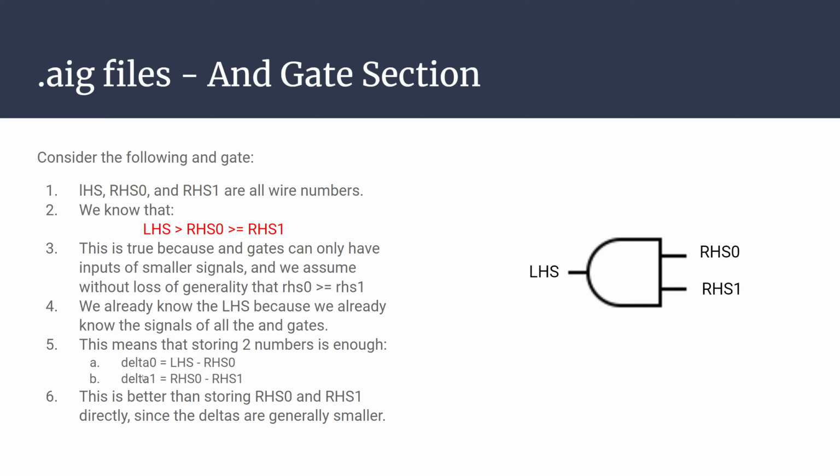These are delta 0 and delta 1 here. Okay? This is better than storing the original ones because these are smaller. They're actually smaller numbers, not smaller in size. But when we encode them, the encoding mechanism that we use gives a strong advantage to smaller numbers, meaning that we use a lot fewer bytes to store smaller numbers.